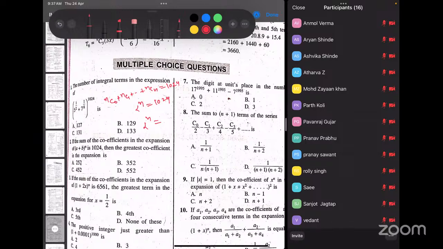Yes, 1024. You have to convert it into powers of 2.